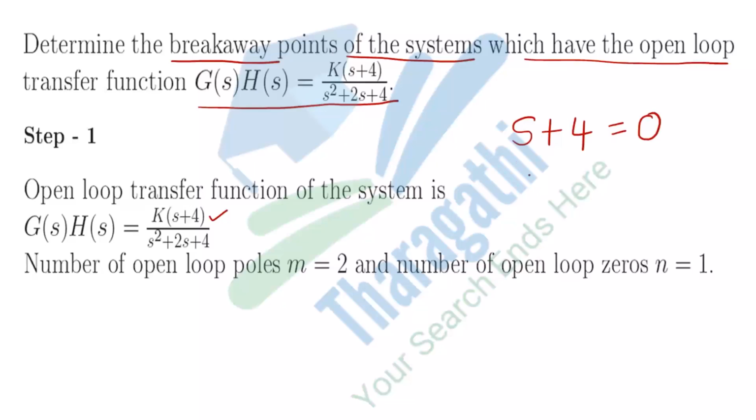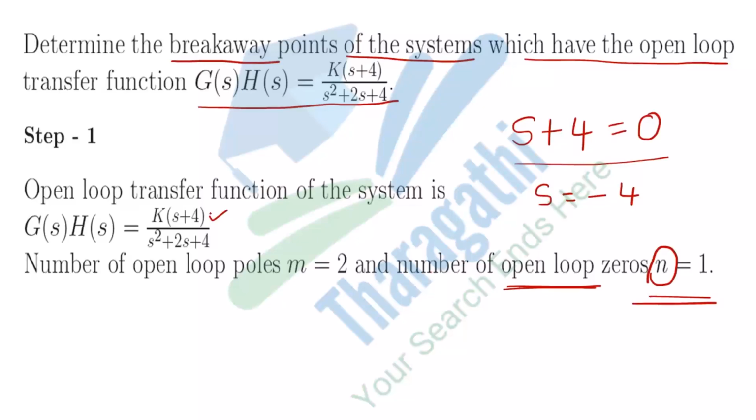So this equation will have only one zero, located at s equal to minus 4. So the number of open loop zeros, I am taking as n equal to 1.